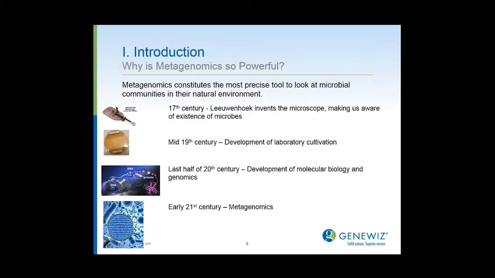In the 19th century were developed the laboratory cultivation techniques for bacterial culture. In the second half of the 20th century, molecular biology and genomics were developed, and now we have metagenomics. And metagenomics is the only tool to study microbial communities in their totality.